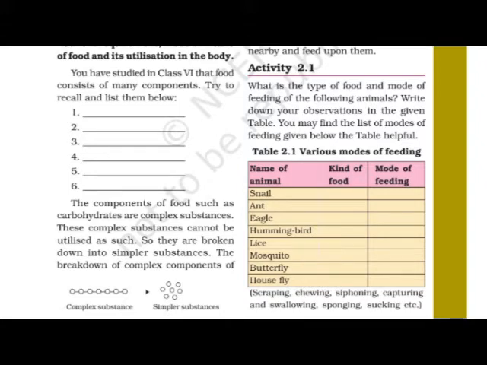The components of food such as carbohydrates are complex substances. These complex substances cannot be utilized as such, so they are broken down into simpler substances. The breakdown of complex components of food into simpler substances is called digestion. Food contains various components, and out of that carbohydrate is one component, which is a complex substance, and this complex substance cannot be utilized as it is.